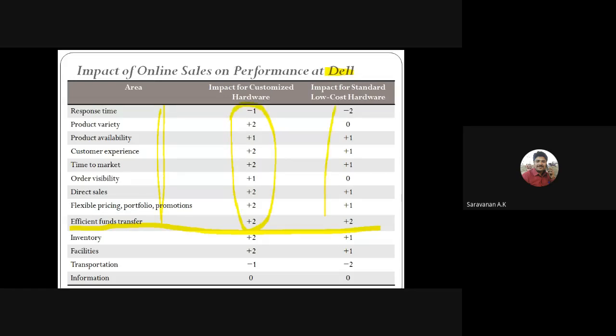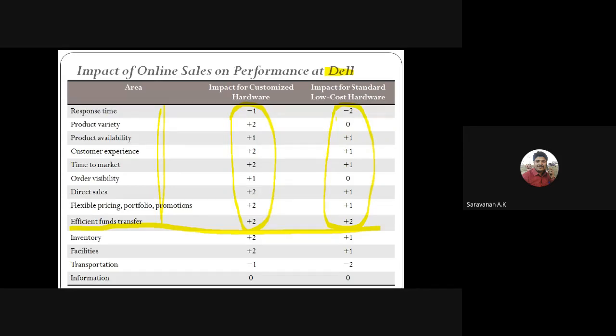By this categorized impact we can analyze whether it is suitable for online sales or not, and how suitable it is, while comparing to retail stores, right?